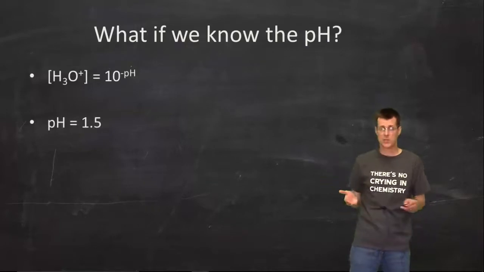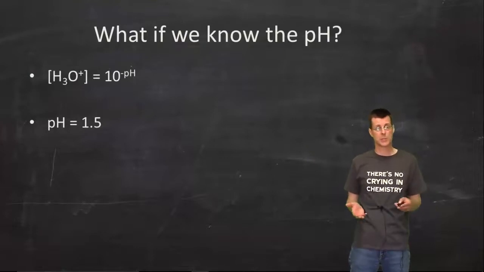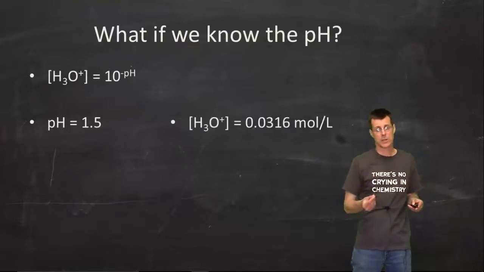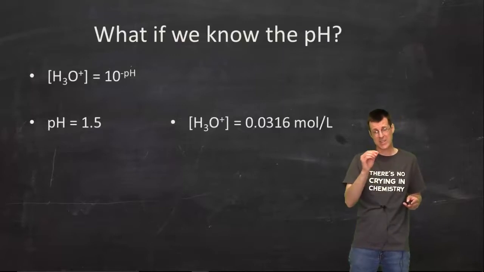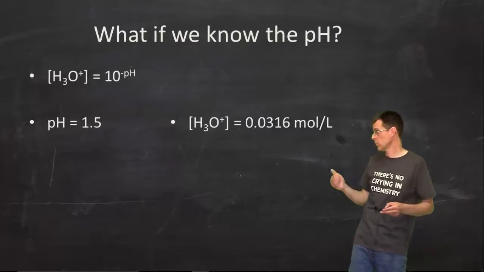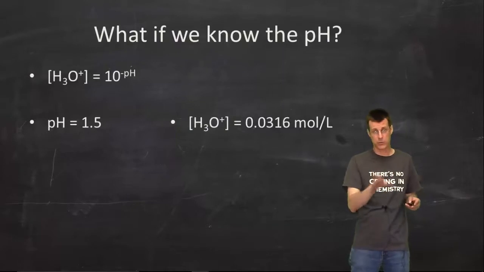So if I had a pH of 1.5, a pretty reasonable sounding pH, then the hydronium ion concentration in that solution is 10 to the exponent negative 1.5, which would give you that. Please confirm that with your calculator.